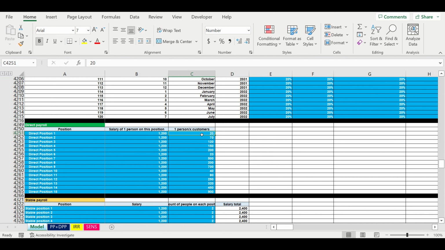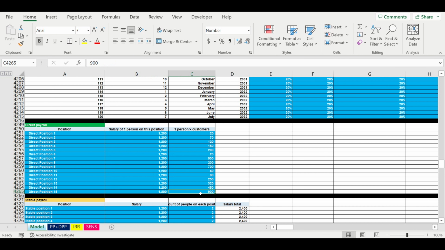So the ratio, how many customers per one person on this position, and that's why we are not specifying here the amount of people we need, because we will calculate the amount of people needed according to the amount of customers. So here we just specify the metrics.